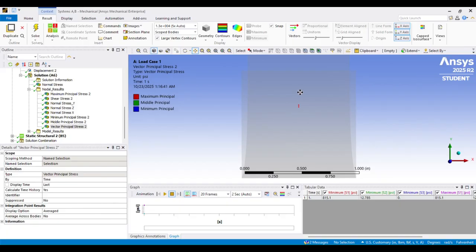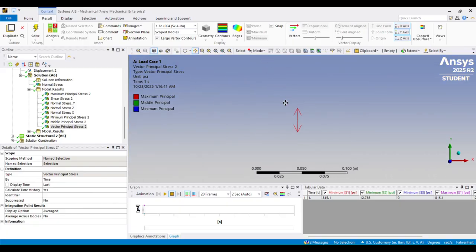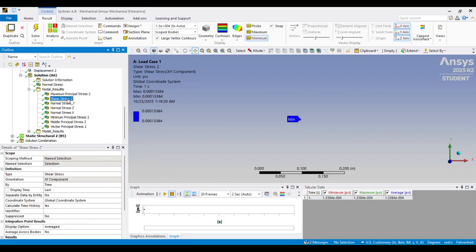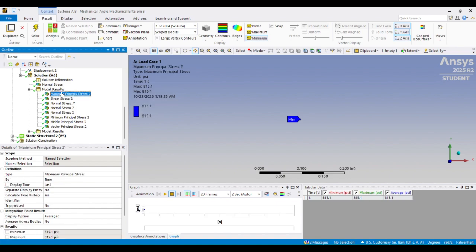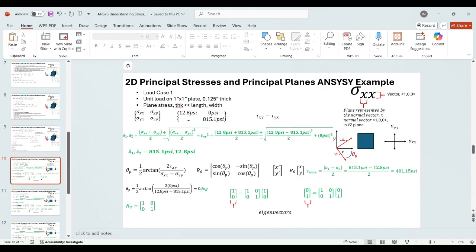If we go back to our model, we'll see that the principal stress that ANSYS is showing appears to be 1, 0, and 0, 1. And if we want to verify some other results, we saw that our maximum principal stress was 815.1, which is what I calculated by hand.